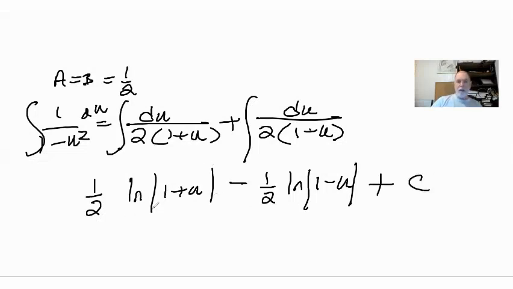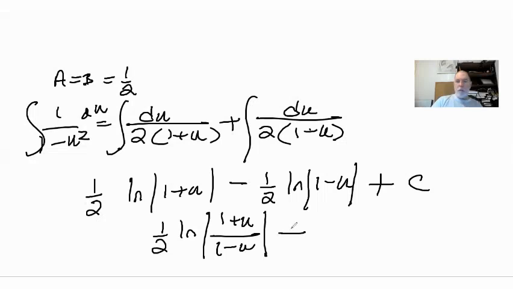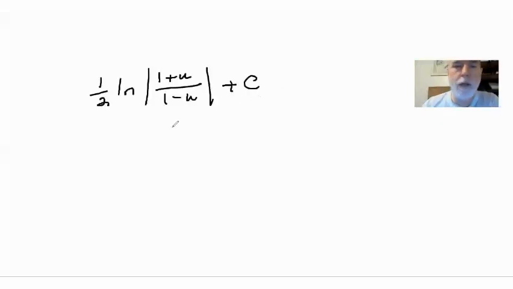Right. Now, we can simplify this a little bit, which we will do. Bring it all under one roof. So we get 1/2 the log of 1 plus u divided by 1 minus u, and we're taking the absolute value, plus the constant, whatever it might be. Finally, let us not forget to de-substitutify this.